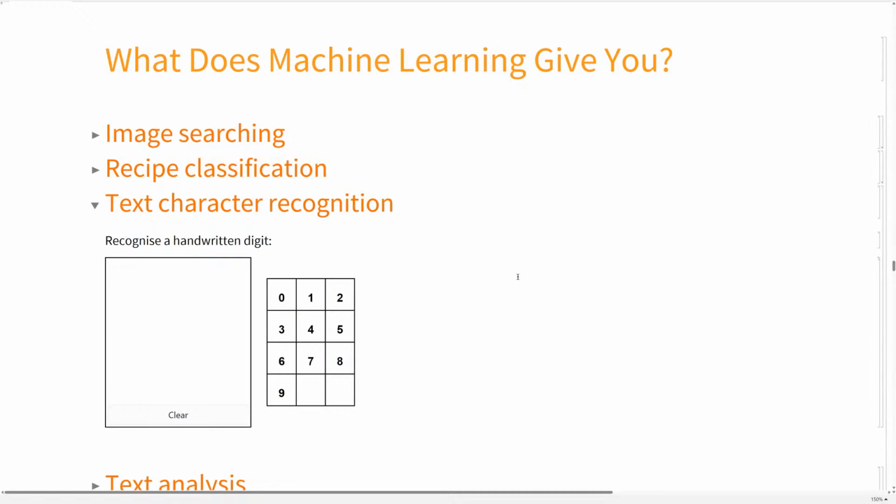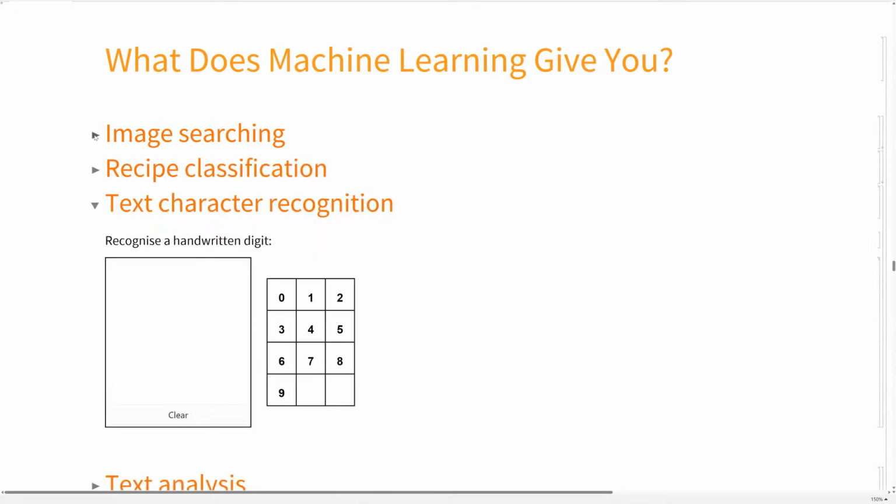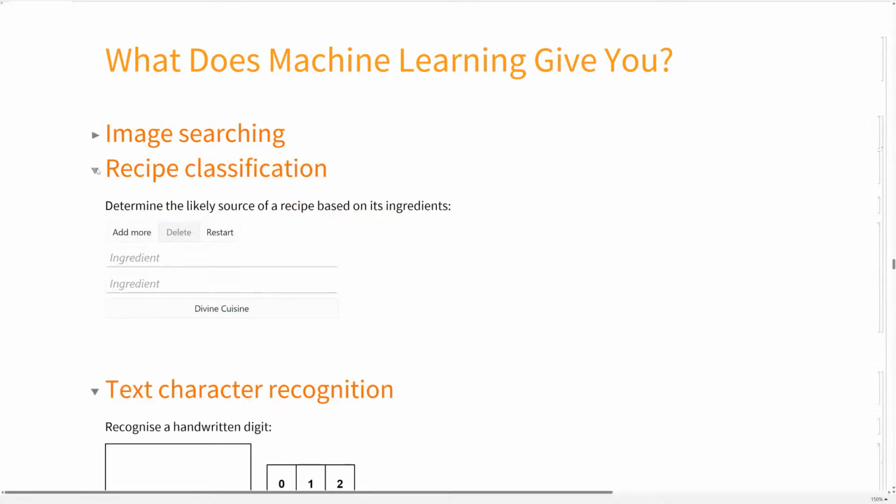Now let's show some small examples. Some of them are a little bit outdated, so I'm not going to do it live. First of all, there's image search, and the second one is recipe classification. It'll determine the likely source of a recipe based on its ingredients.